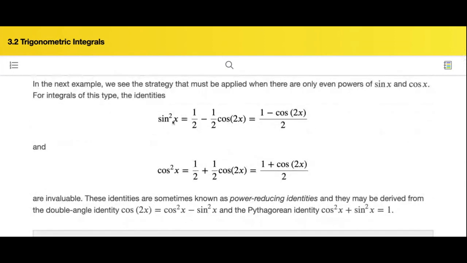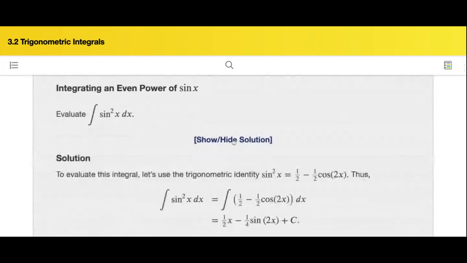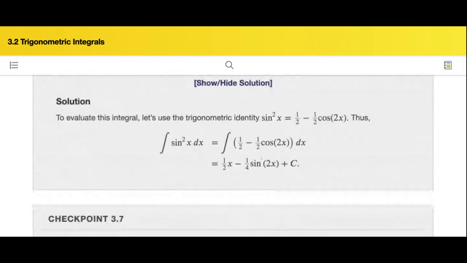So we're going to write sine square x as half of 1 minus cos 2x. This half we can always put in front of the integration sign. So we're going to rewrite as half of 1 minus cos 2x, or half minus half cos 2x.